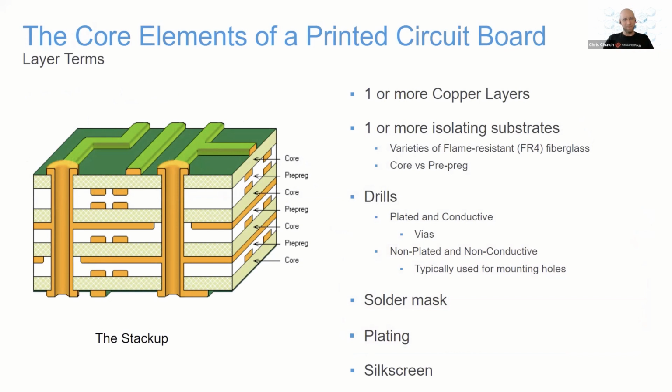All right, so here we can see on the side we've got a little graphic. As we all understand, PCBs have one or more copper layers, right? That's how our signal is going to be transmitted. And between those copper layers, we will then have isolating substrates. Now, there are a lot of different materials that can be used, but most are some form of flame-resistant fiberglass.